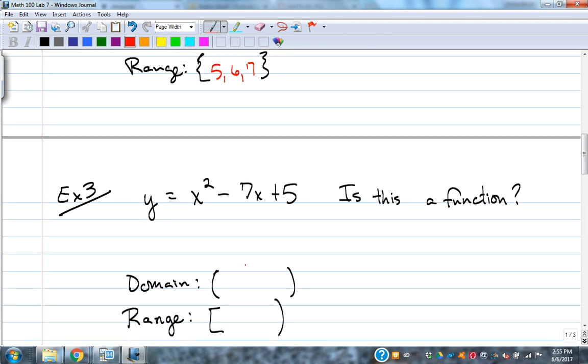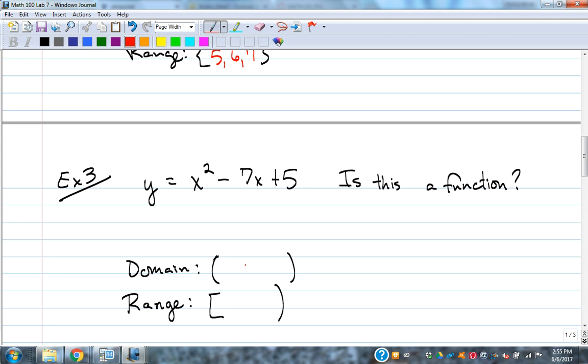Here we have an equation, y equals x squared minus 7x plus 5. And we want to know, is this a function? Some general knowledge about x squared graphs: with just an x being squared, it's a parabola shape, and those are typically functions. But we can look at the graph and determine with a vertical line test.